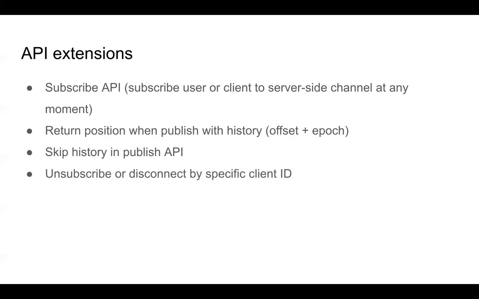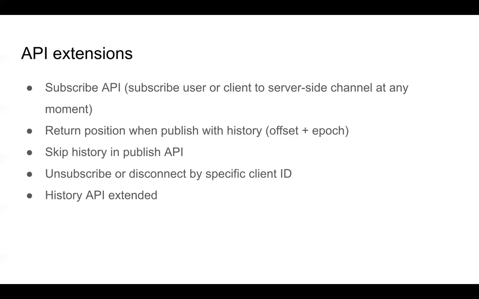Yeah, let's go next. Unsubscribe and disconnect will be extended with the possibility to unsubscribe a specific client by its ID, not just by user ID, but now by client ID. Again, can be useful for unidirectional transports, and also we will see some other applications later.